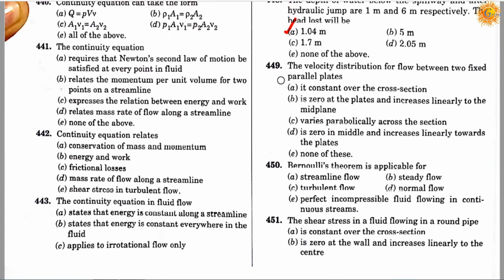Question number 449. The velocity distribution for flow between two fixed parallel plates, option A, is constant over the cross section, option B, is 0 at the plates and increases linearly to the midplane, option C, varies parabolically across the section, and option D is 0 in middle and increases linearly towards the plate, and option E is none of these.